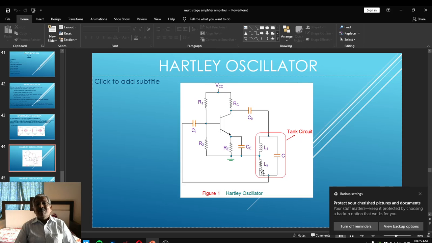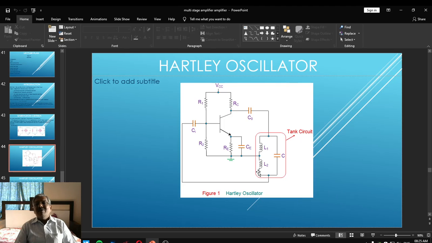That divides the number of turns of inductance into two parts. Number of turns of L1 is 2/3, whereas the number of turns of L2 is 1/3.